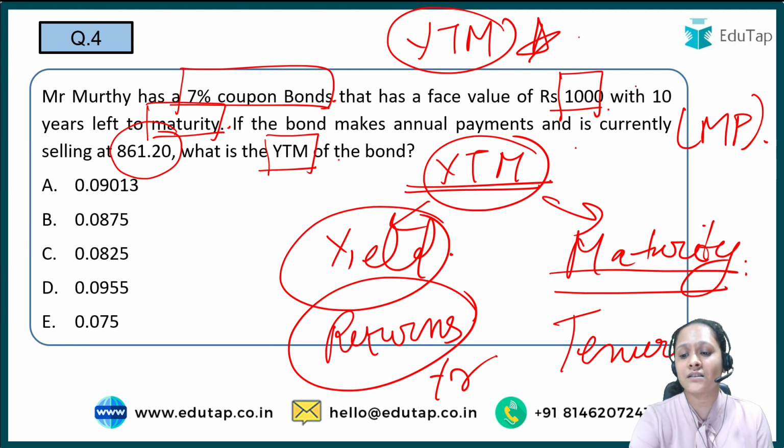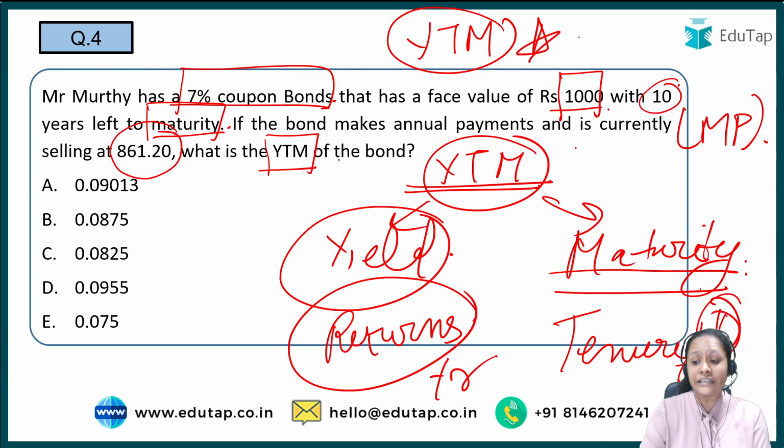Let's say in this case 10 years was the maturity. It simply means that at the end of 10 years, your face value will be redeemed.